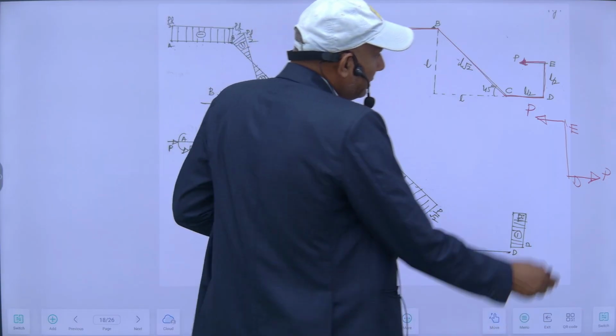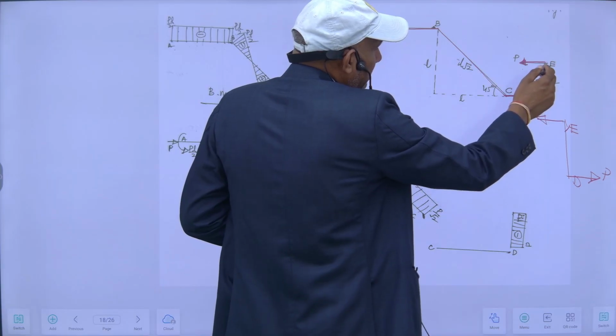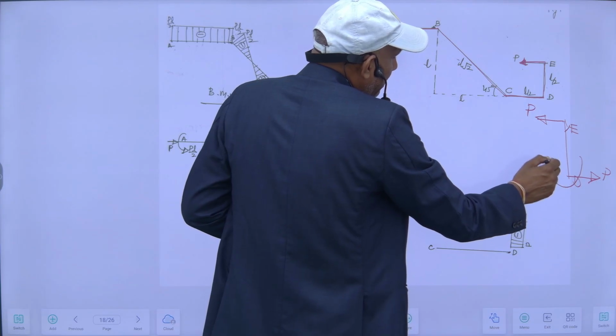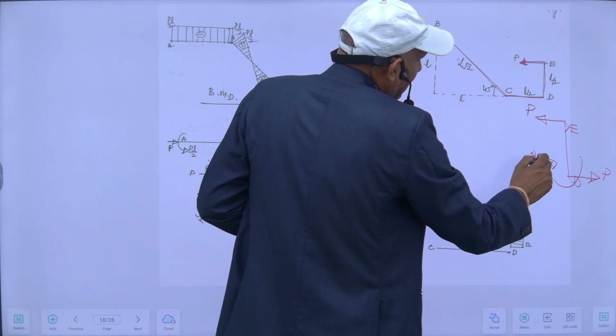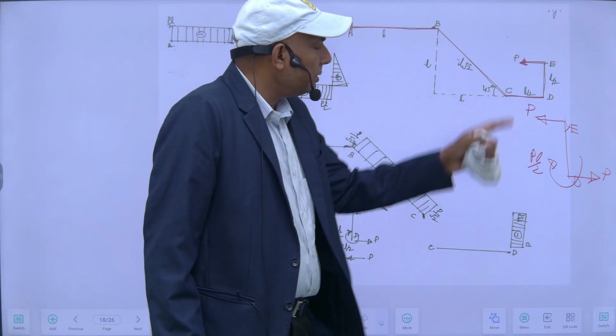In addition to this, this will also create a moment P into L by 2, and to resist this moment there must be a bending moment of opposite nature. So this will be equal to PL by 2. So this is the free body diagram for the DE portion.